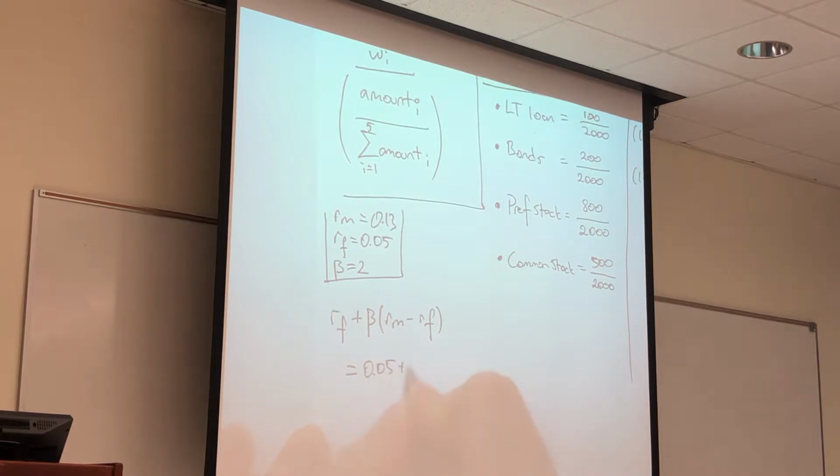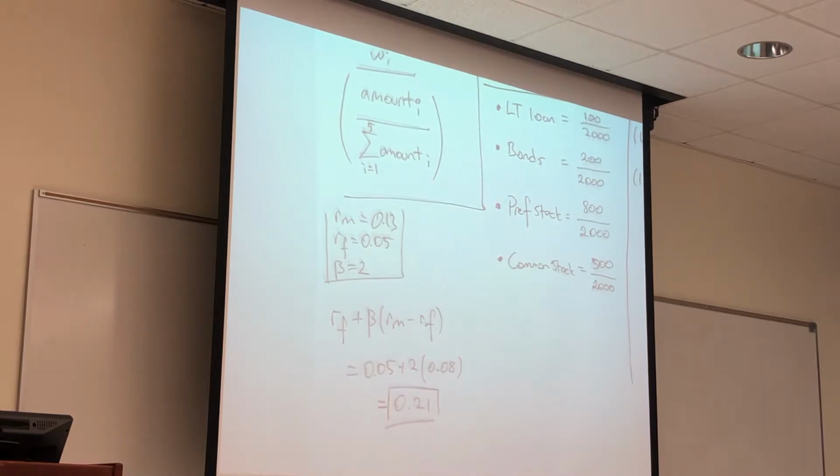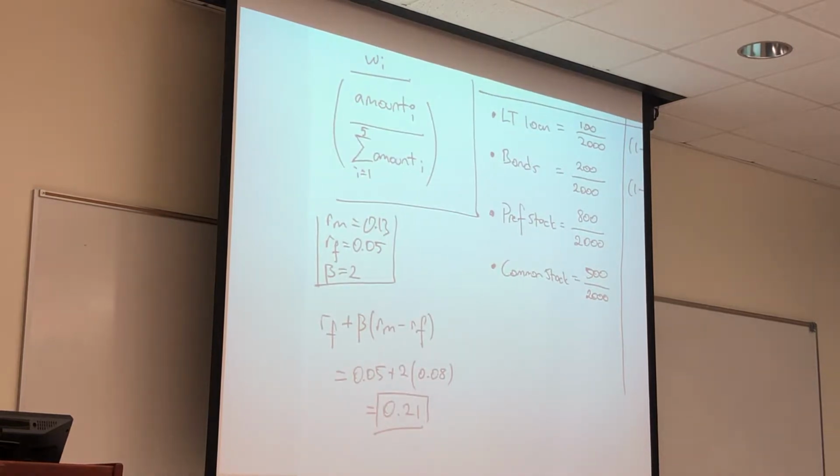0.05 plus 2 times 13 minus 5, 0.08, which will be equal to 0.16 plus, is that plus? Yes, 0.21. Right, so we're going to use this KI for both common stock and retained earnings.